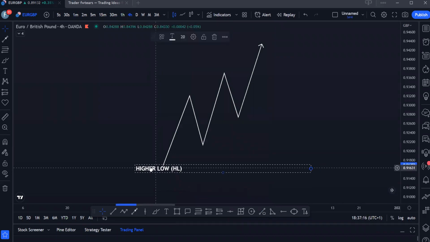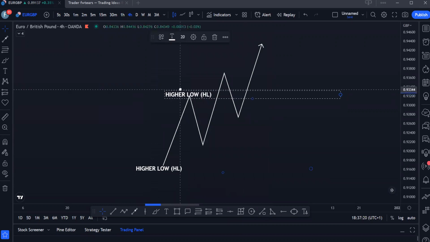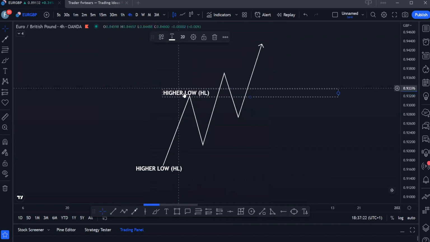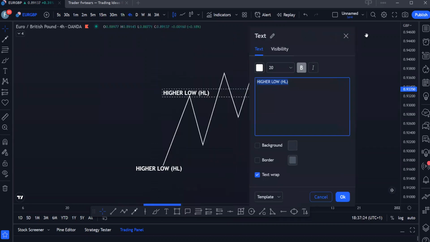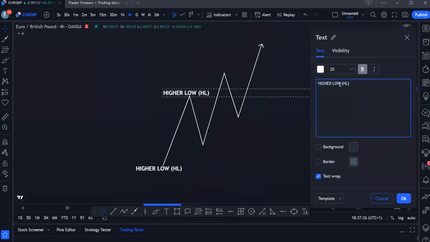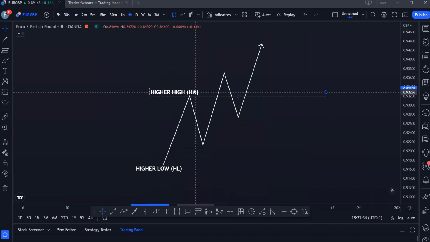Okay, and then the second point over here at the top is called a higher high. It's called a higher high, like so.